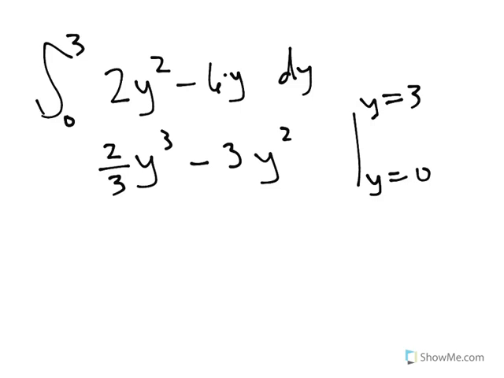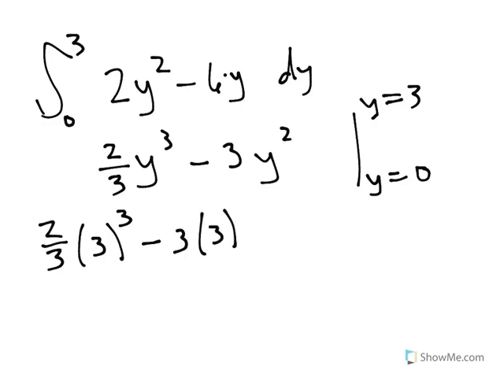Okay. Now it's always nice when 0 is one of your bounds, especially when you have polynomials here. Not too bad, because when you plug in y equals 0, you just get 0 for the whole thing. So this is really 2/3 times 3 to the third minus 3 times 3 squared, and then really just minus 0, because when you plug in 0 everywhere, you just get 0.